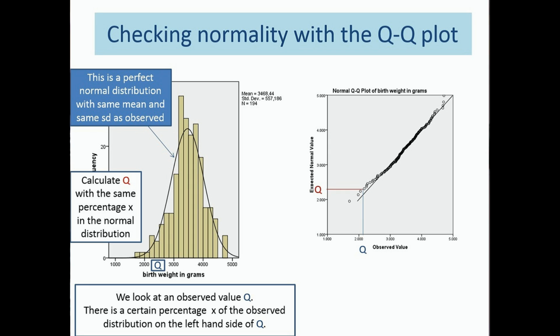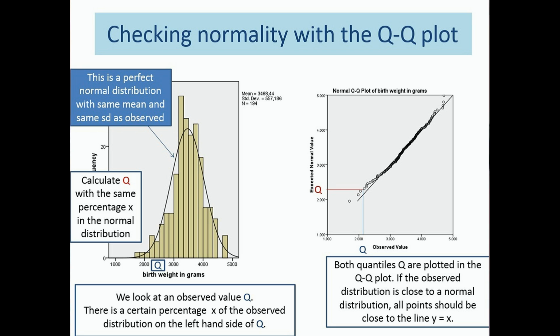If they are almost the same, the points in the graph will be close to the line y equals x. In some situations, it's easier to judge if points are on a straight line than comparing bars to curves. So a QQ plot can be useful for checking normality.